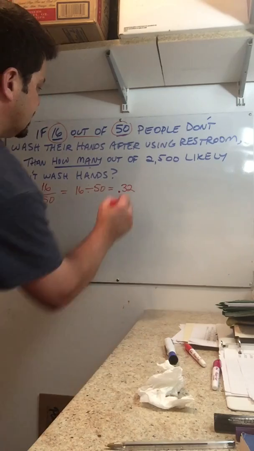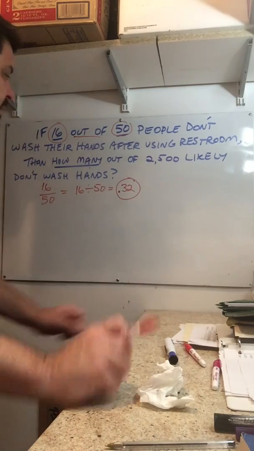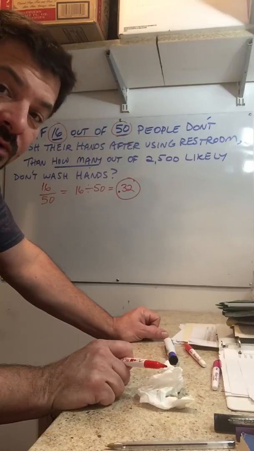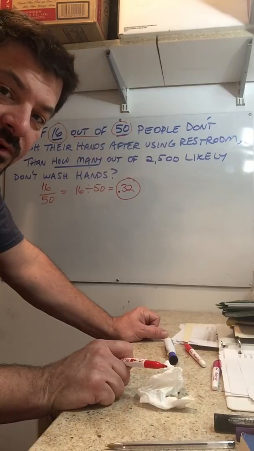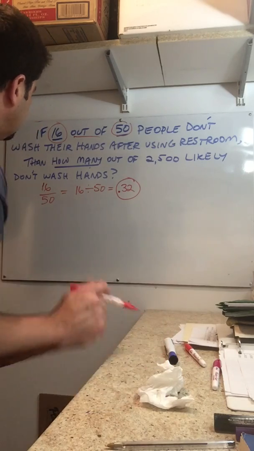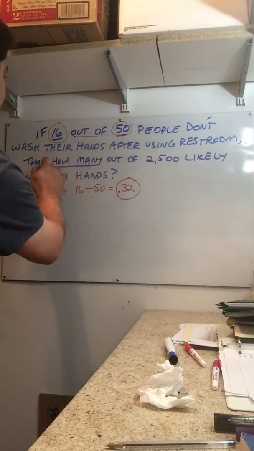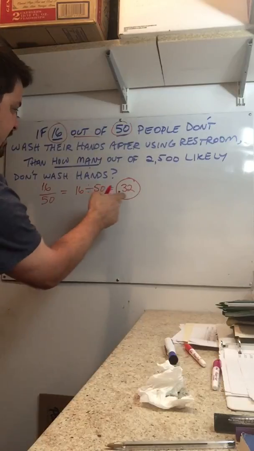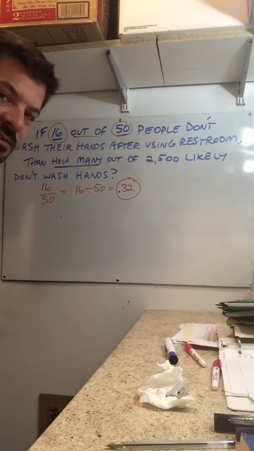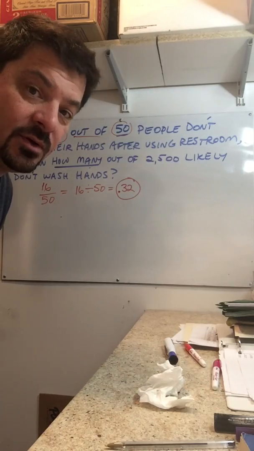Well, we can use this number here because this is a percentage. This tells us how many out of every 100 don't wash their hands. So we'll take this number and say, that's our percentage.